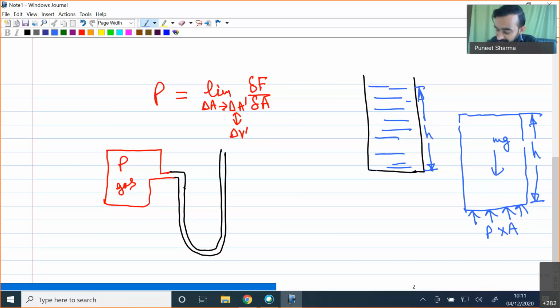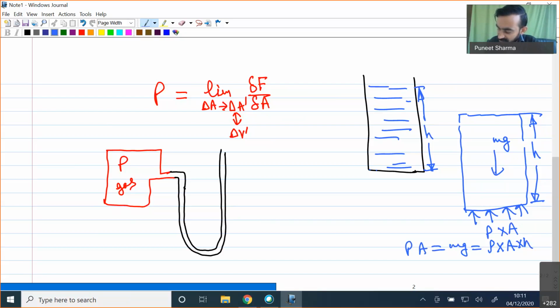If I do this balance, I'll find that P into A is equal to M into G. Now I can convert this mass into density times volume, so I can write it as rho into volume, and volume I can write as cross-sectional area into height.